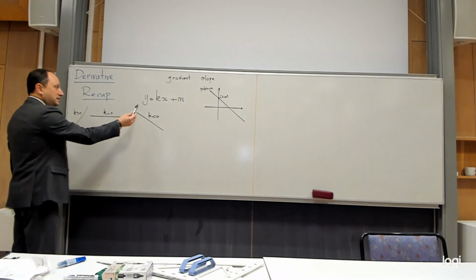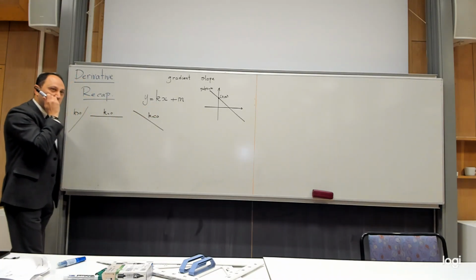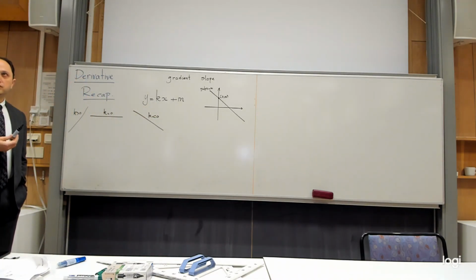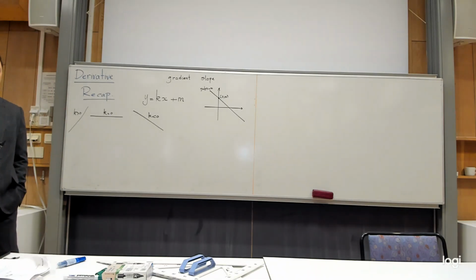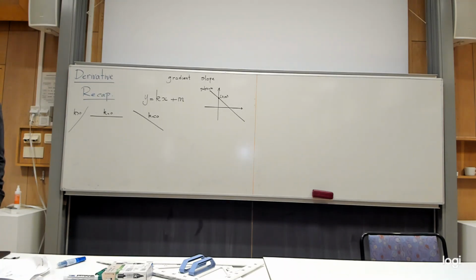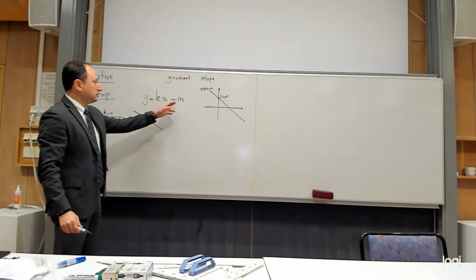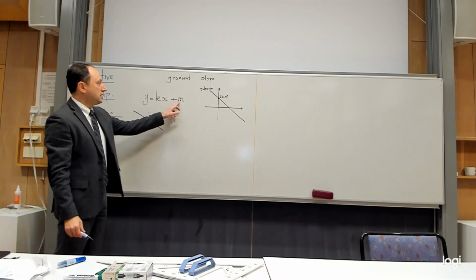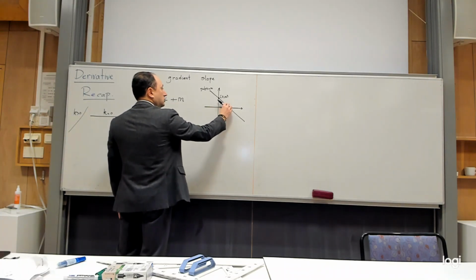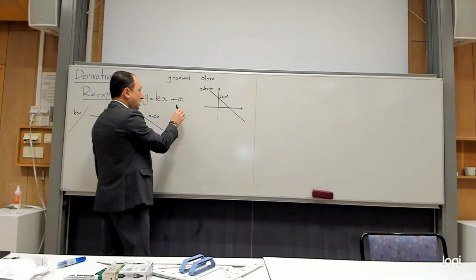But there is a deficiency with this form. We also discussed that in Math 2C, I think. What is the deficiency of that equation for a line? You remember? So if I start changing the k value and m value, what will happen? If I keep k constant and change m, the line will go up or down, depending on the value of m.